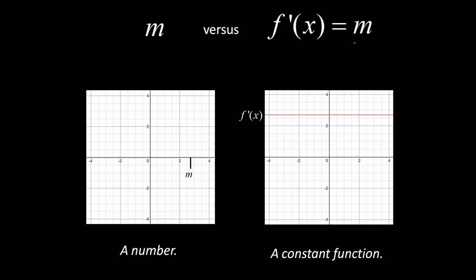Because m, any number, can also be treated as a horizontal line, a constant function. And so in algebra, you most likely answered, well, m's just a number. But for us, the derivative is a function. It's more than just a number.